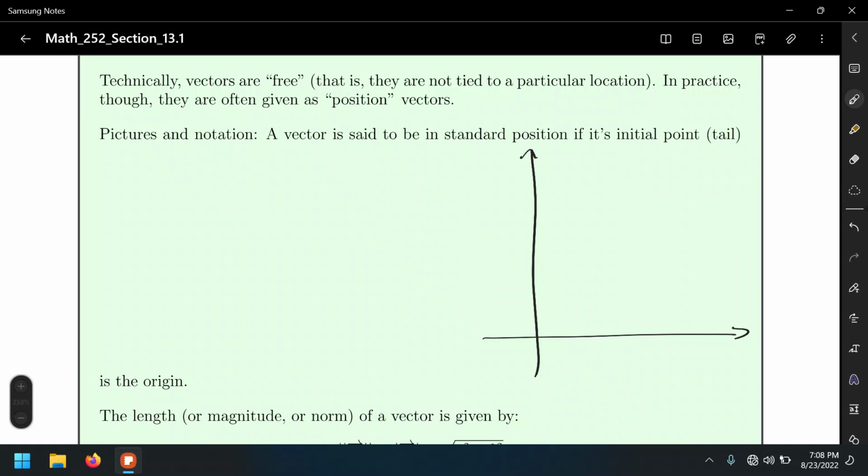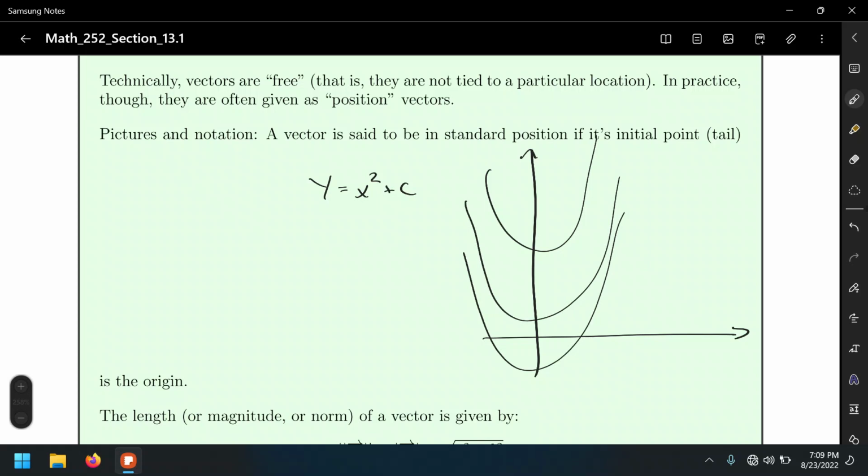Well, suppose, for example, like functions, when I have the family of functions y equals x squared plus c, where c is any vertical shift. If c equals 5, we're going to have x squared plus 5, x squared minus 1, x squared plus 1. So we have different families of functions. We have the same shape in different positions, but the equation changes.